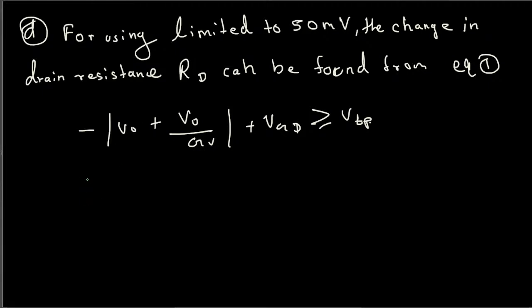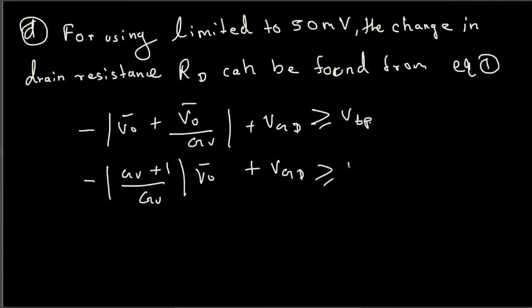If we do that, we end up getting GV plus 1 over GV, and then we can take the V naught common here, this V naught bar, and the others remain the same. VGD, that's greater than or equal to VTP.